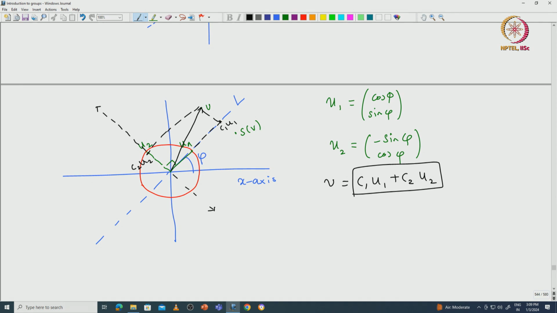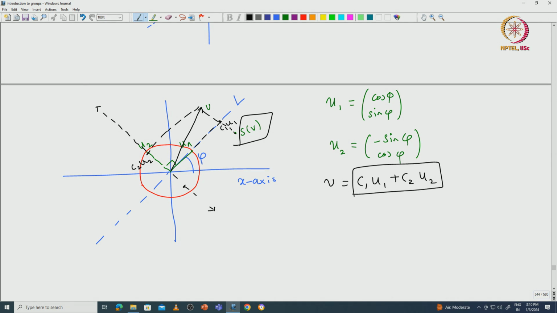Now you want to reflect this V with respect to this capital L. So, you are getting this SV. Let us see how one can get SV. The best way to get SV is to complete this parallelogram. You go from C1 U1 to this SV and see where you come out here.